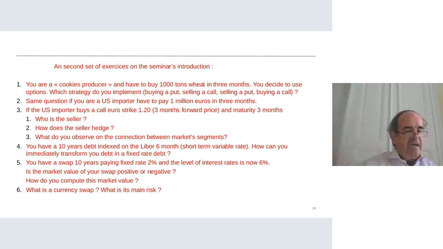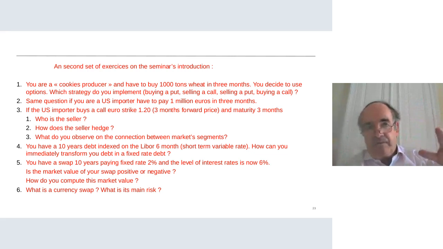On very large markets like euro dollar, this effect is not very important. But if you look at equities on small markets, if you want the equity price to move up and the quantity traded is low, you buy calls. And you know that if you buy calls, banks will buy the equity.